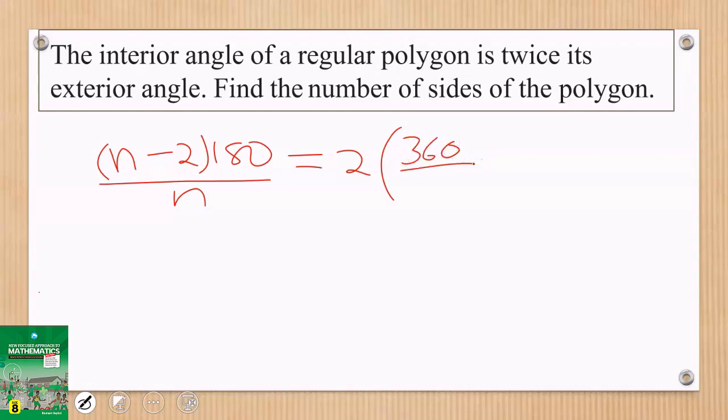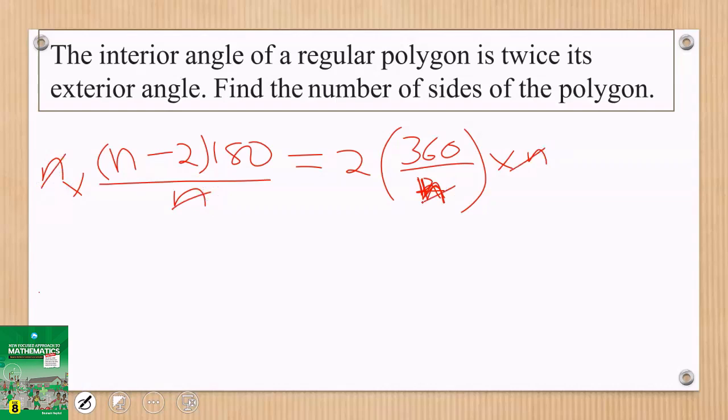Okay, so this is divided by n as well, because we want to get only one exterior angle. So now we can simplify this to make n the subject. First of all, we can multiply both sides by n, so that the n will cancel this and this will cancel this.